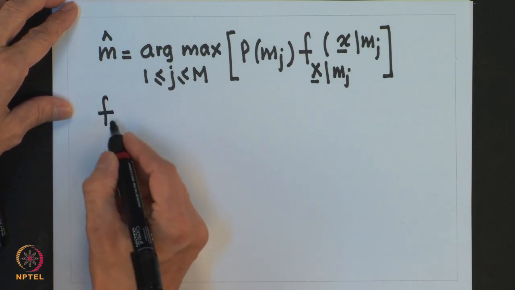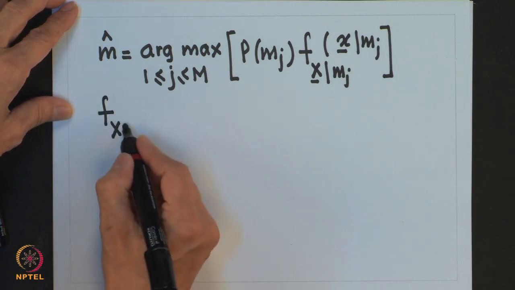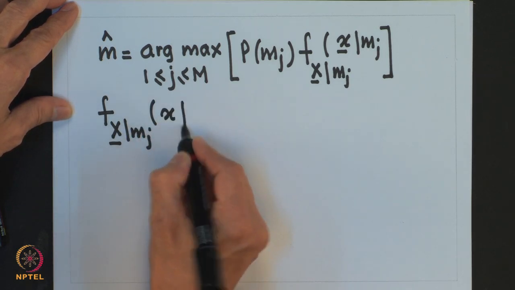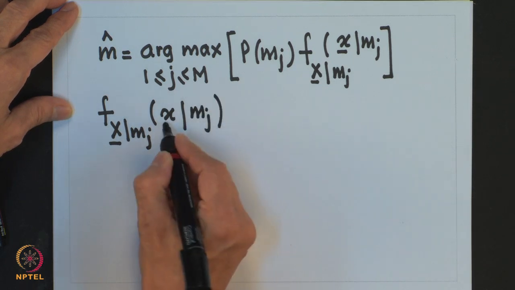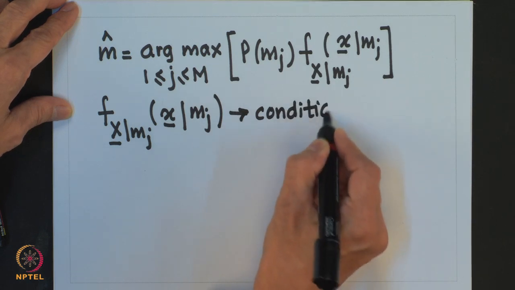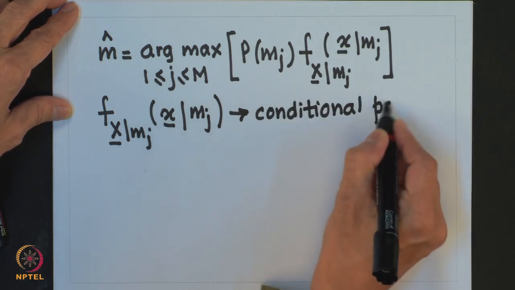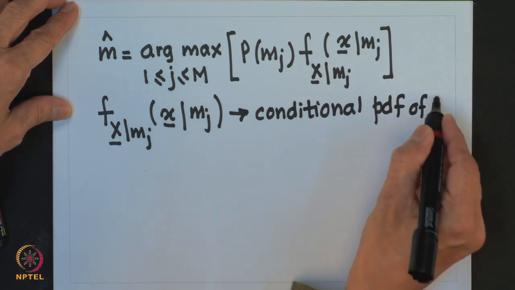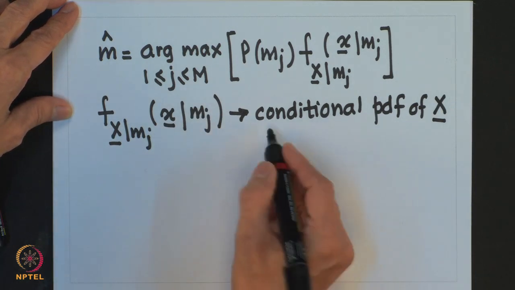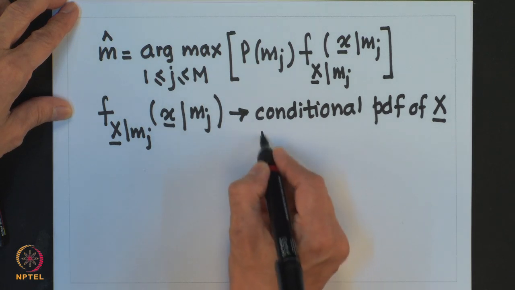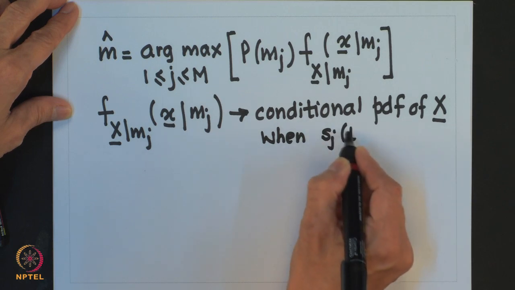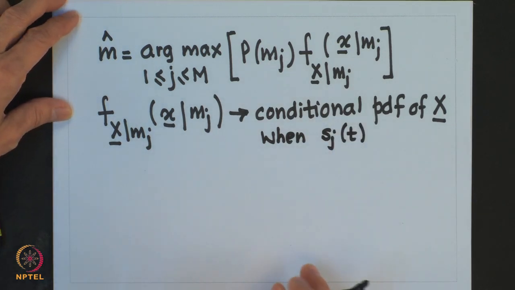Now, we know the conditional probability when message m_j is transmitted. This is equivalent to saying that when message signal s_j(t) is transmitted.